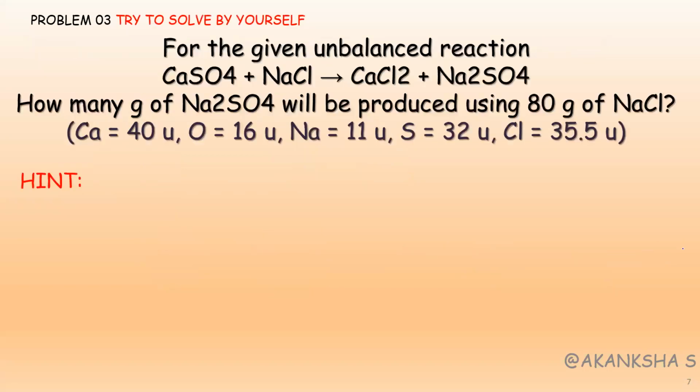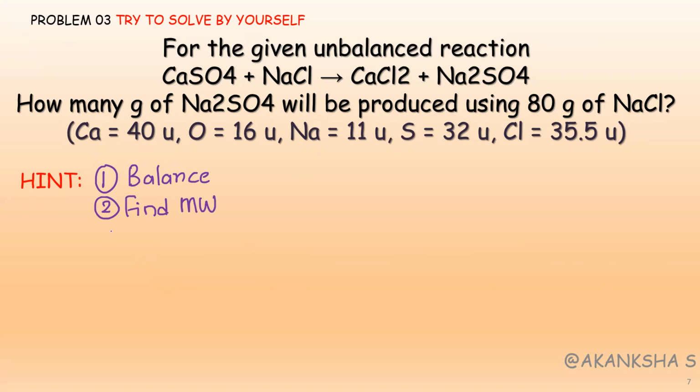If you have understood even a good chunk of it, try to solve this equation. Here I have mentioned an unbalanced reaction. So first step is you're going to balance the reaction which is given. Second step would be finding the molecular weight.